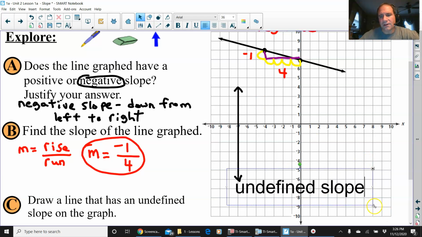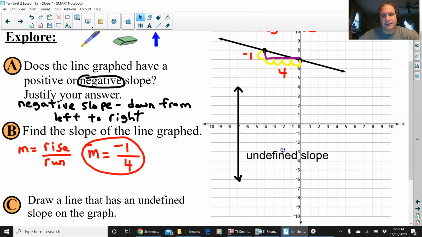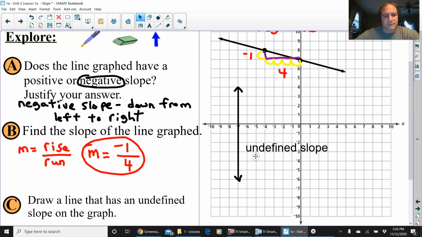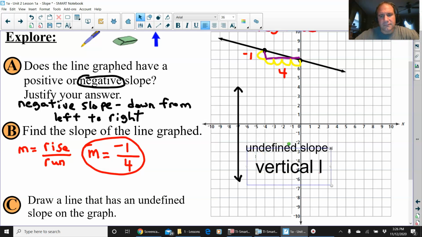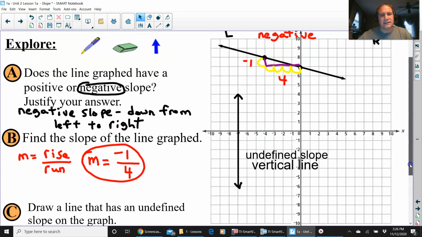All vertical lines are undefined, have an undefined slope. Horizontal, 0 slope. All right. Anybody have any questions? We're good. Vertical line, undefined, and that's it.